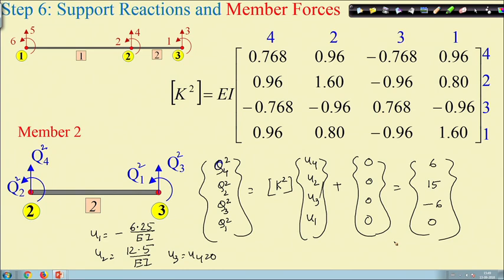Once we have the member forces for member 2, and if you recall how you constructed the bending moment diagram and shear force diagram, in the same way we can construct the bending moment diagram and shear force diagram. So, we have all the information we need to get the bending moment and shear force at a given point.